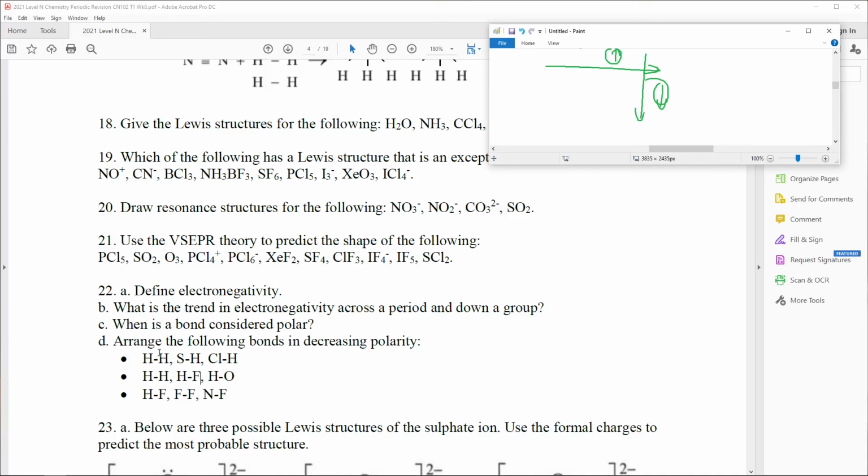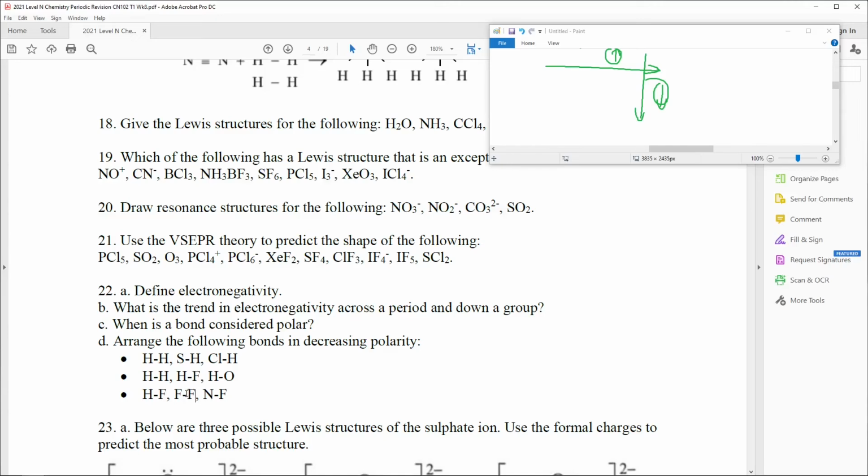And here we can arrange HH, SH, ClH. This one's the most polar because it has the highest electronegativity difference, followed by SH, followed by HH, and then you have HF. Immediately with the F, the most electronegative, and H, that's your answer, first one, then HO, then HH. Here, even though you have FF, it's the same atom.